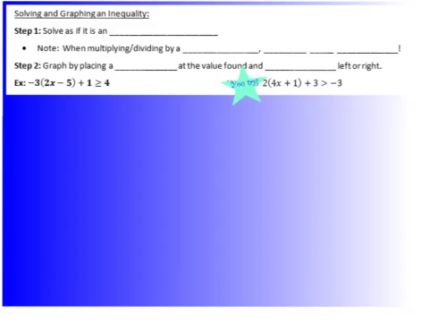Alright, so now let's solve and graph an inequality. So step 1, solve the inequality as if it is an equation. I'm going to use the same steps. Note when multiplying or dividing by a negative number, so if you decide that you need to multiply both sides by a negative or divide both sides by a negative, you must flip the inequality.